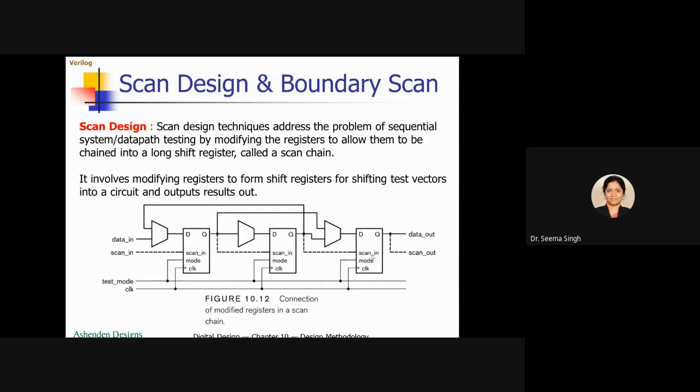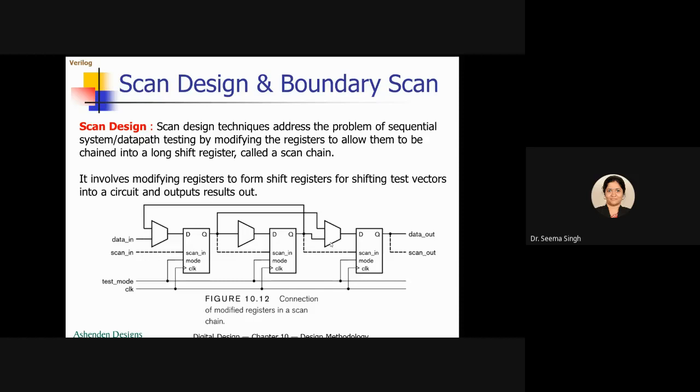So this forms a chain. After forming this chain, the test pattern will be input here to understand whether things are working fine or not. You put your scan in value here and you check your scan out data here. And this is why it is called scan.